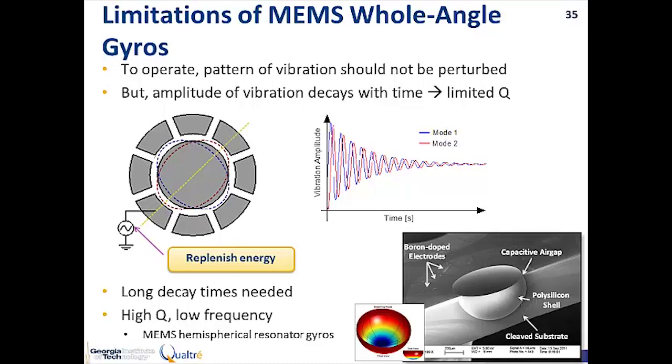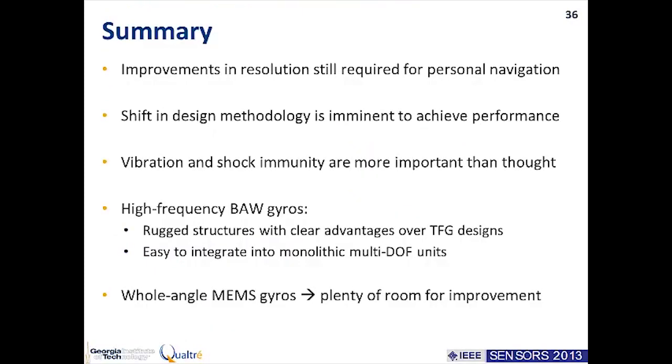So this is still a work in progress, and hopefully in the future we will see more of these devices in commercial applications. Here's a brief summary of what we discussed today, and that's pretty much it. I'll be happy to take any questions.